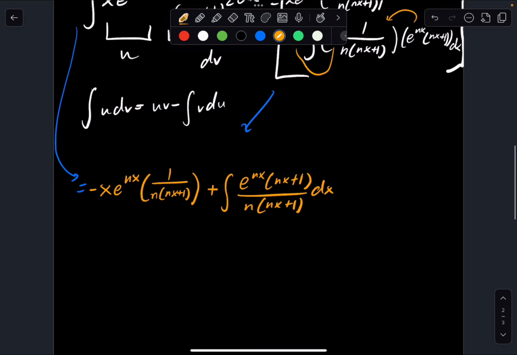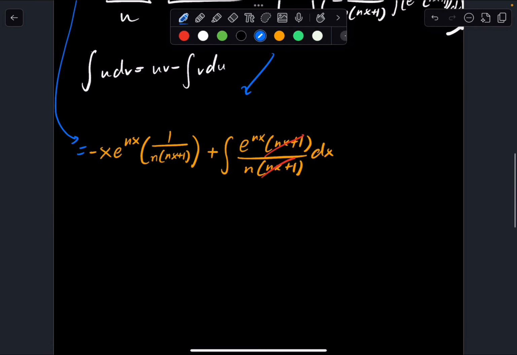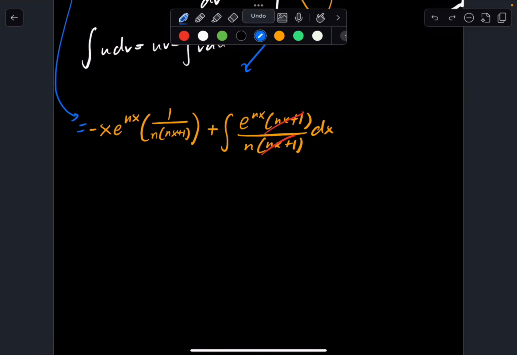Now, I'm sure you've noticed by now, but these nx plus 1s cancel on the numerator and denominator, which is really handy. So I can furthermore rewrite this. I'm gonna put this on top as well because it looks nicer. So we have this is equal to negative x e to the nx all over n times nx plus 1, plus 1 over n integral of e to the nx.